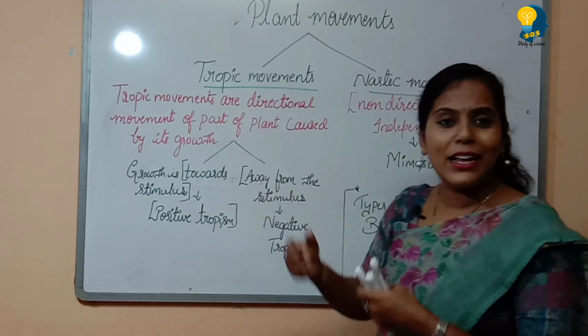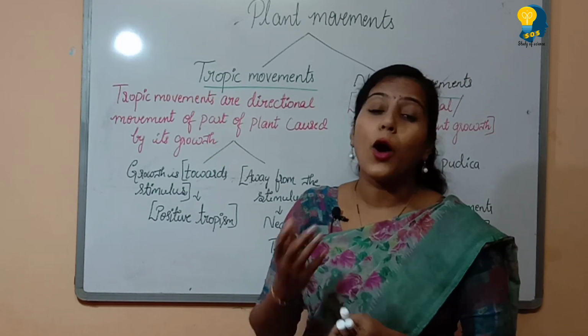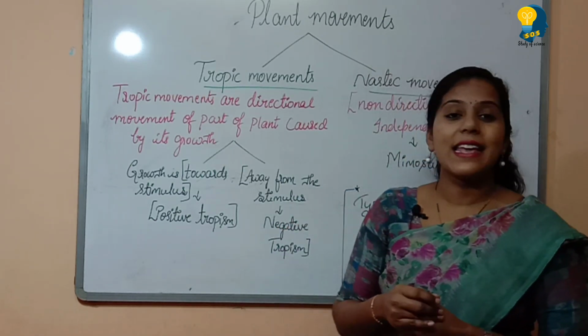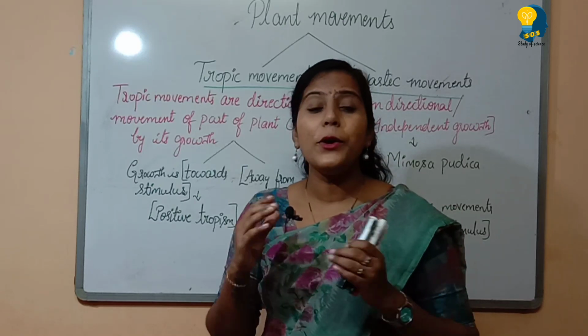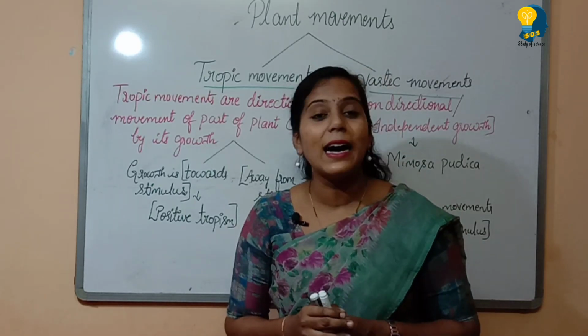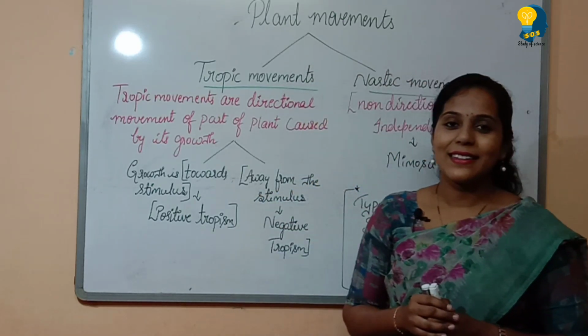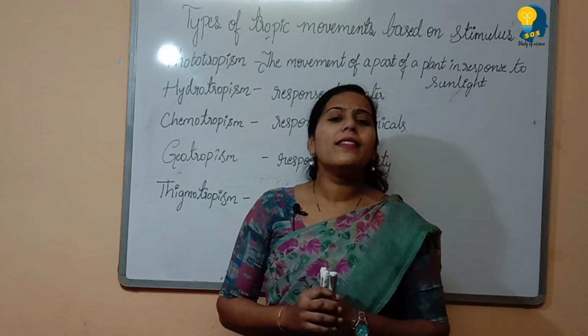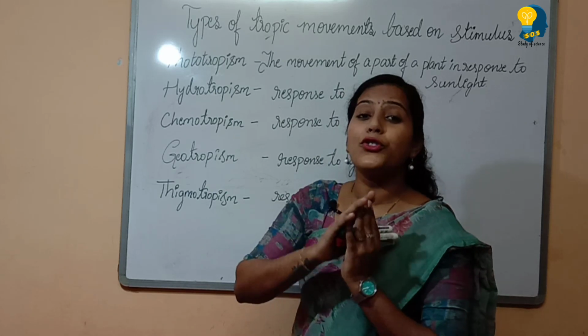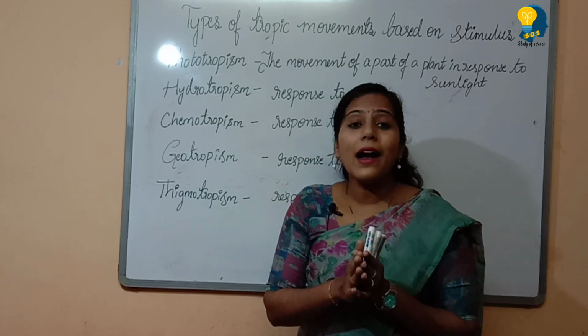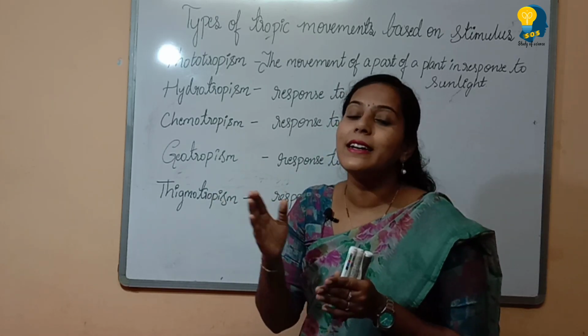So now I will teach you the different types of tropic movements which we can see in the plants. As I told you, the plant shows some stimulus. Based on the stimulus, the plants move towards one particular direction.